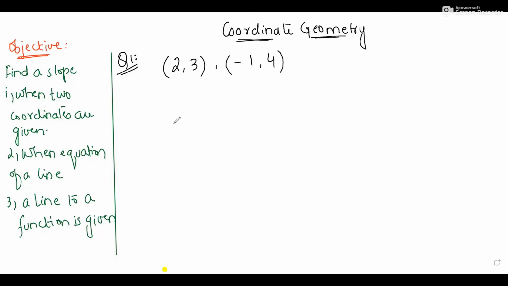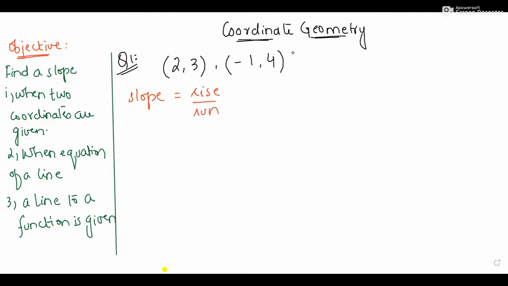So how can we find out the slope? First of all, the basic formula for finding out the slope is rise upon run.